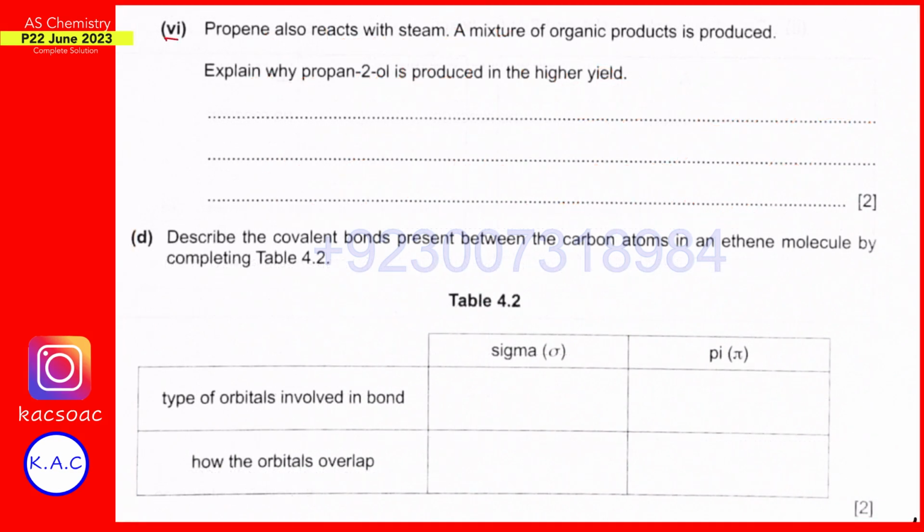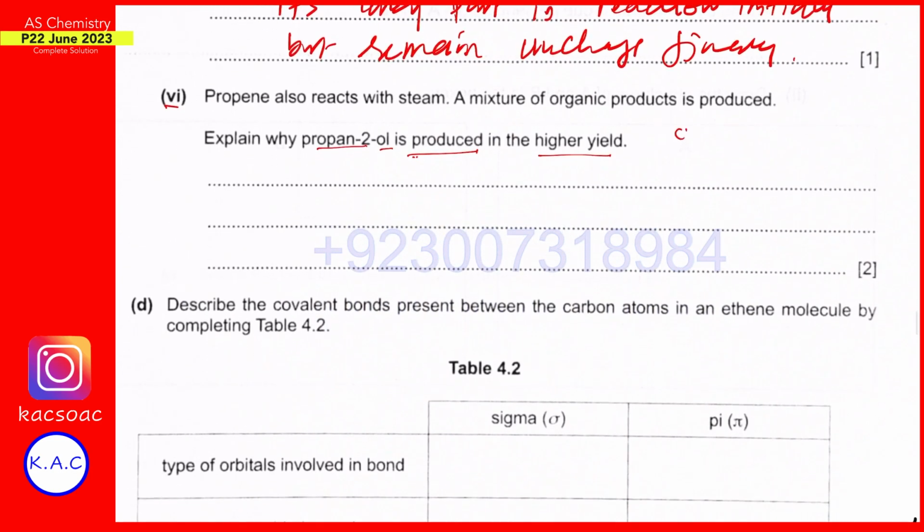4. Propene also reacts with steam. A mixture of organic products is produced. Why is propan-2-ol produced in higher yield? Basically, when propene is allowed to react, two types of carbocation are formed.